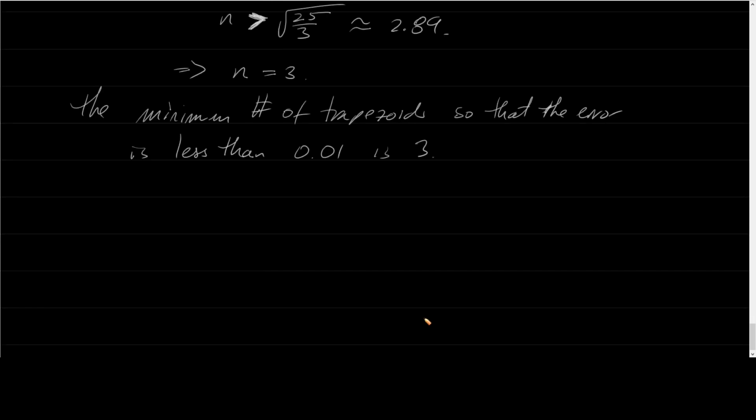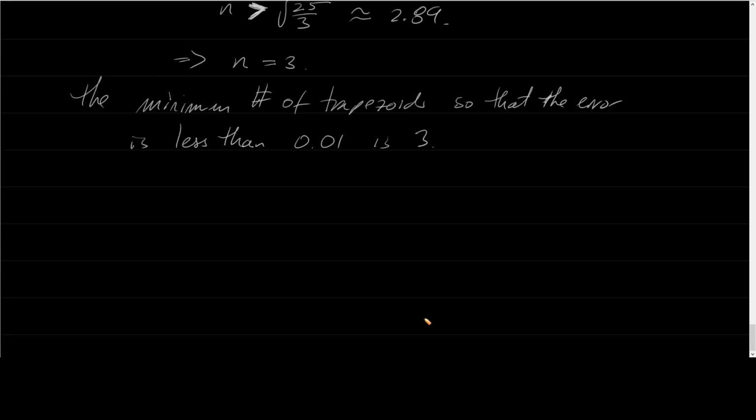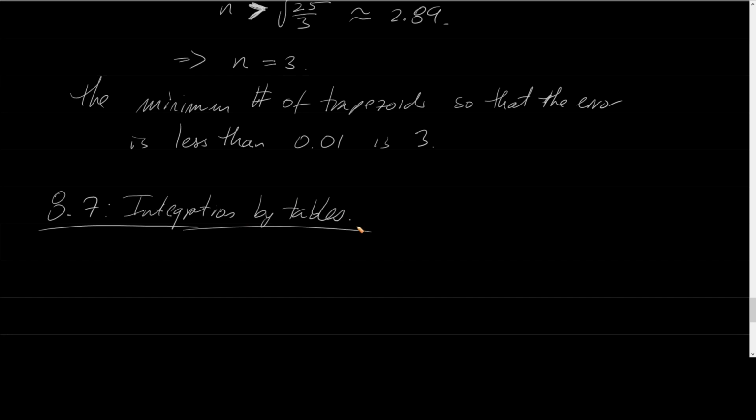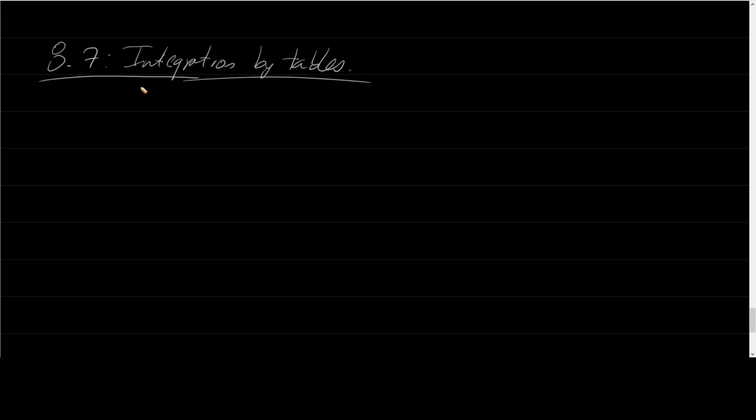Real quickly, I want to mention something about 8.7. I will not be going into detail, but 8.7 is called integration by tables. All right, integration by tables. Now, in here, what they're talking about is that there's something called a table of integrals, right?